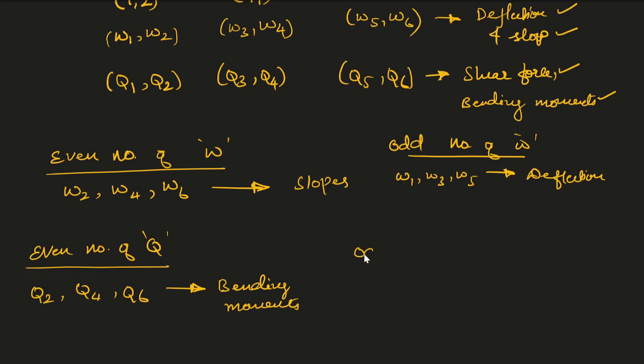And the odd numbers of Q, Q1, Q3 and Q5, represent shear force.